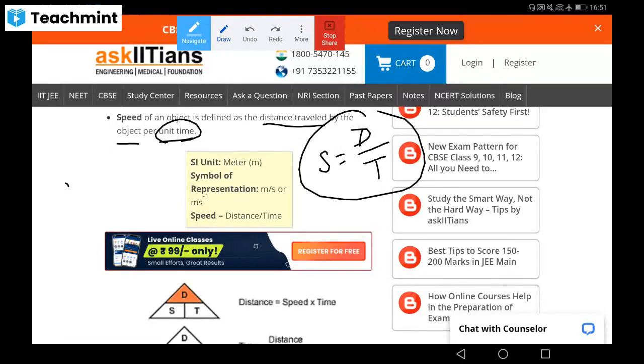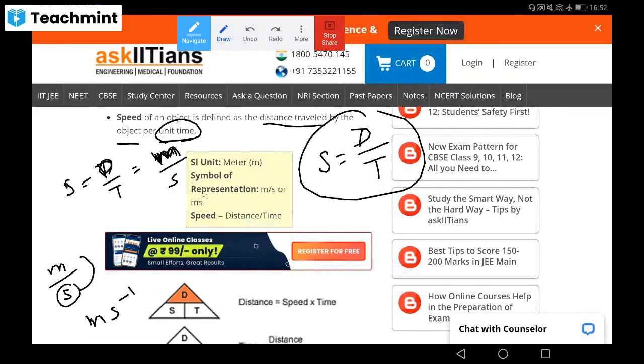Now, speed is equal to distance by time, we know. And what will be the unit for this? Distance unit is taken as meter, the SI unit of distance, and time as second. So it becomes meter per second, m divided by s. Or you can also write m s power minus 1. Because when you have something in the denominator and you take it to the numerator, it becomes reciprocal, right?